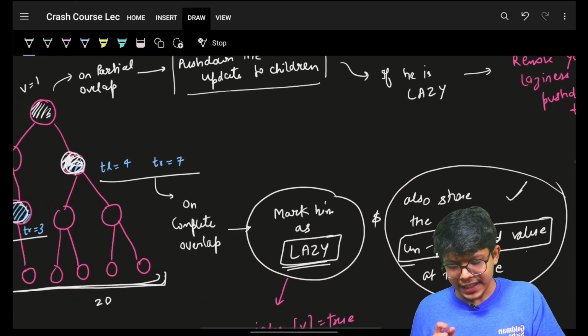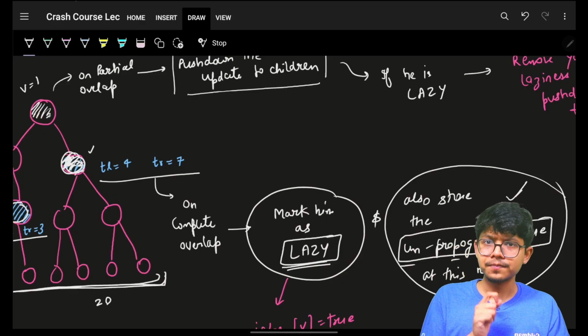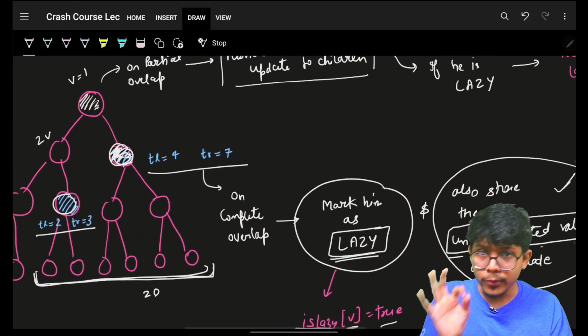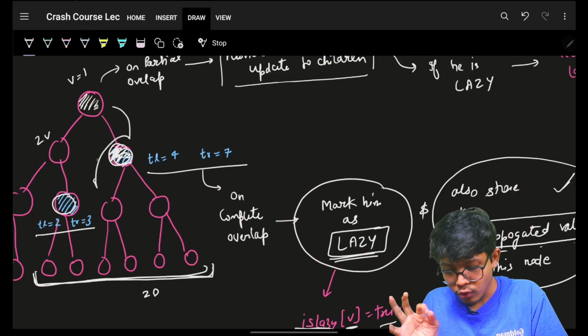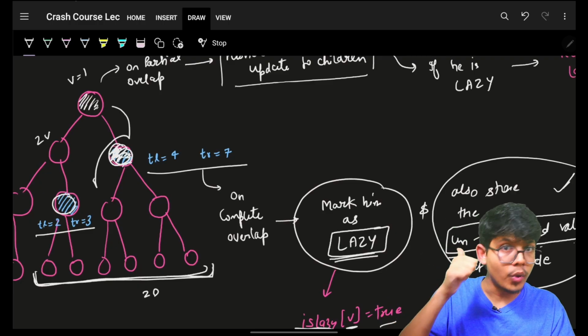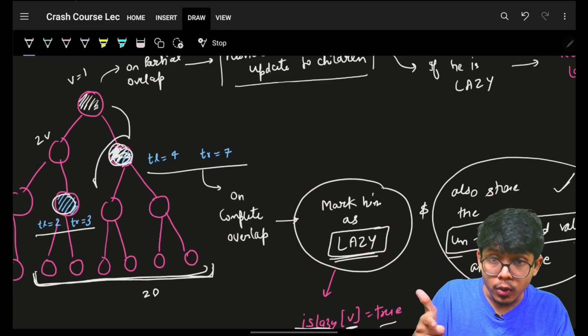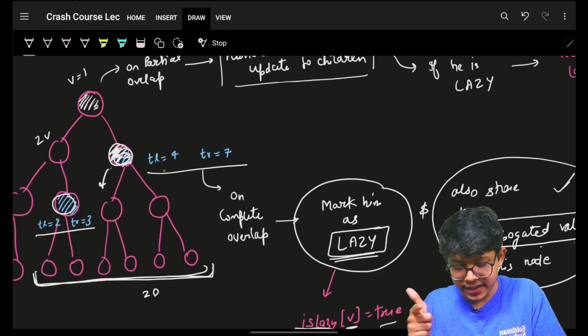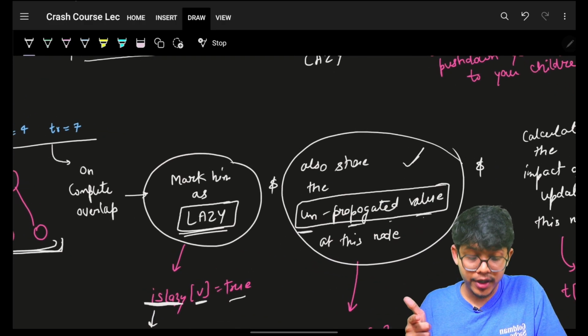Now, when you have assigned, this simply says one thing, bro. Whenever someone is going down, either for querying or for updating anything, make sure you propagate this value, which is the unpropagated value.